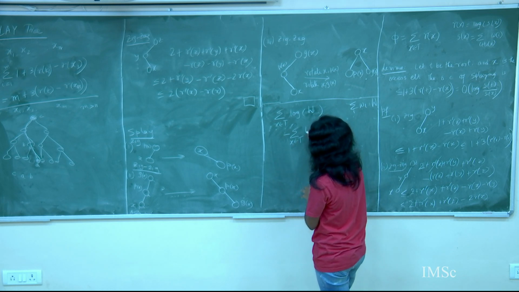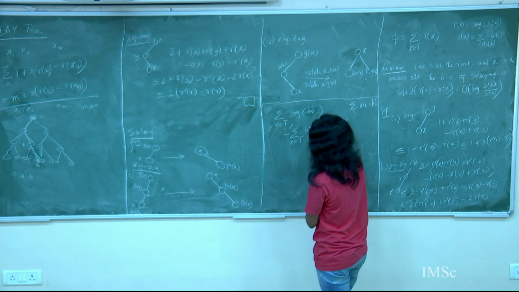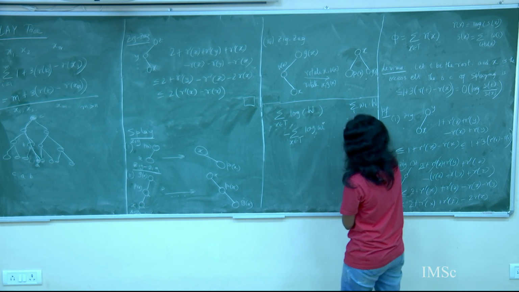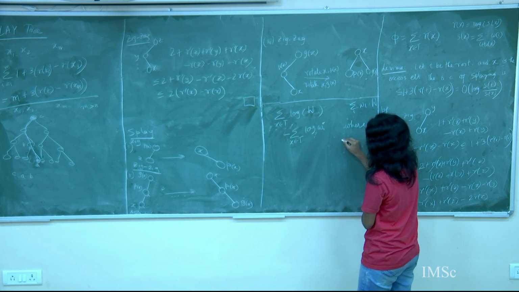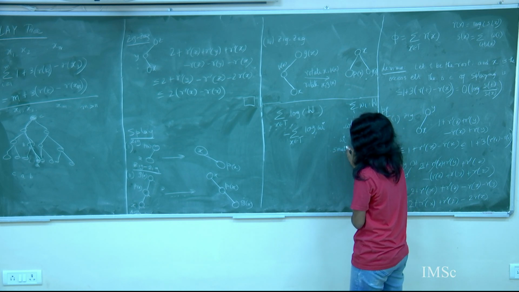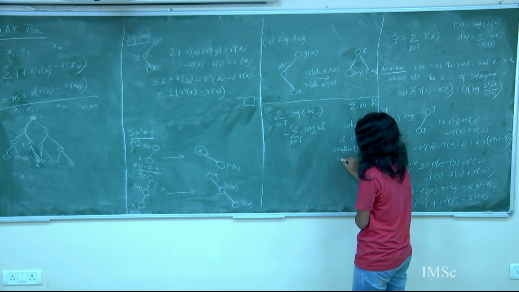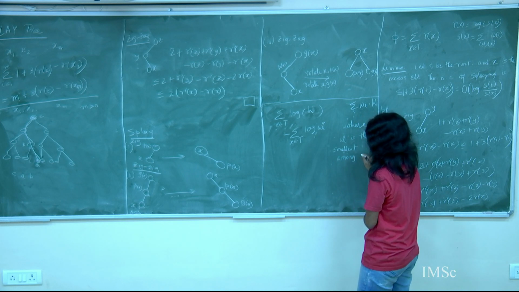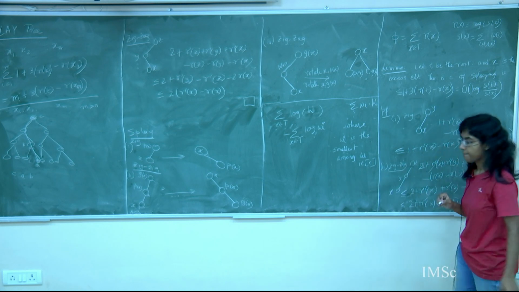Say I am saying it's W star, where W star is the smallest among the wi.